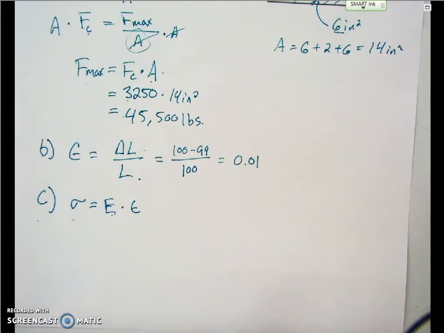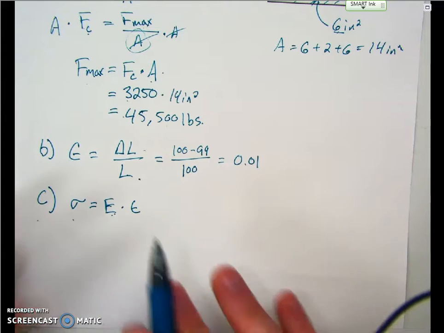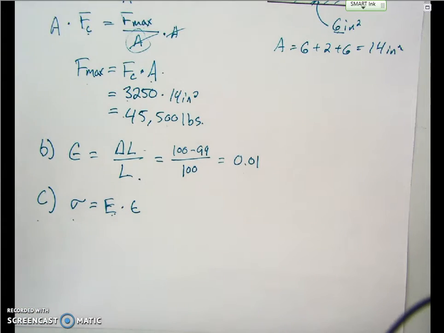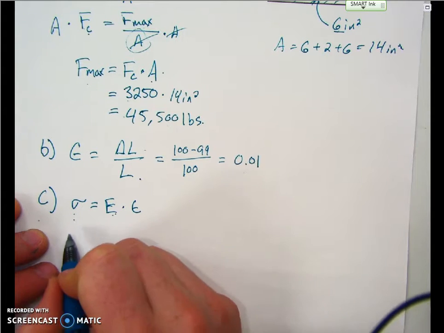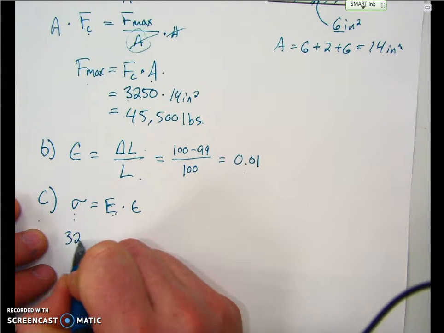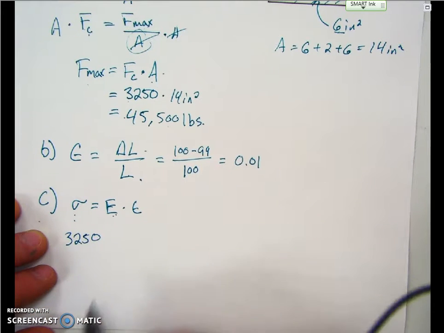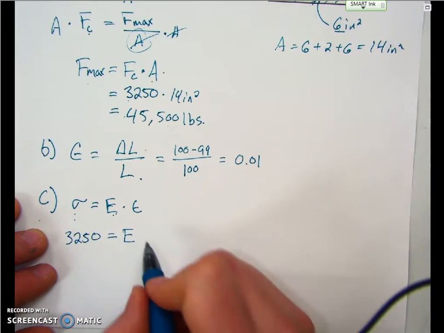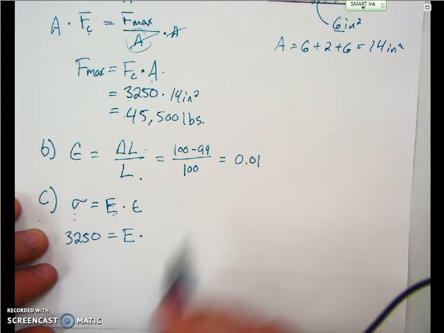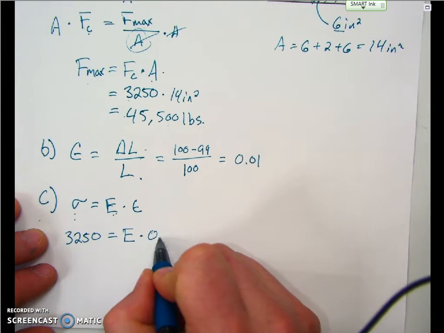Easy to figure out just by plugging in some numbers. At the maximum load applied to this beam, I'm dealing with my compressive strength, so this is going to be 3,250 pounds per square inch times this big E for my elasticity. And we figured out what the strain of this material is. It's just 0.01.